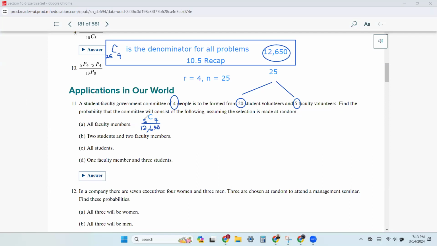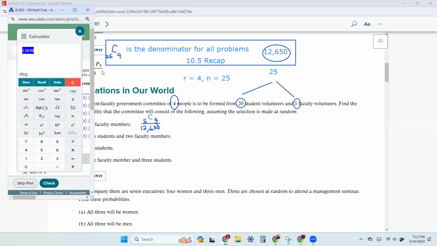All right, so let's go back to the calculator and figure out that numerator. I think I already did it. Let's do it again.